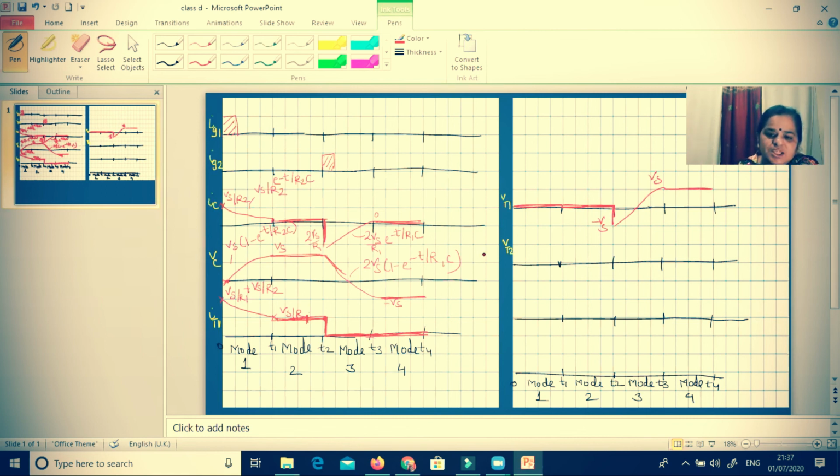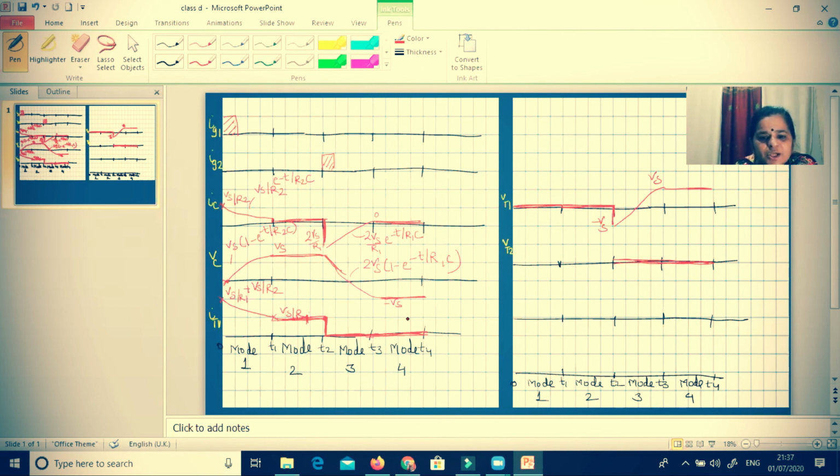So this is VT1. Now VT2: in modes 3 and 4, as T2 is conducting, it will be 0. In mode 1, why is T2 off?